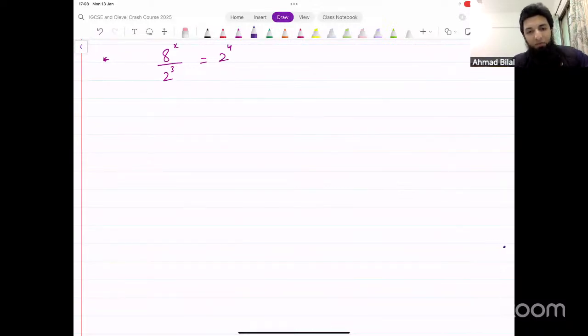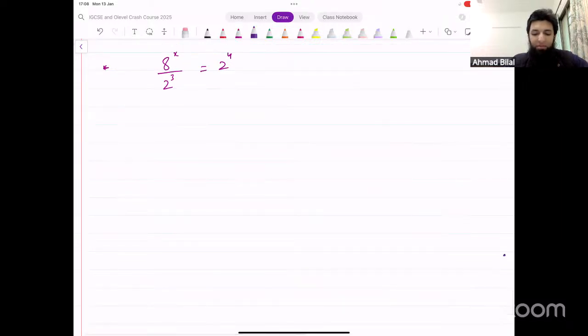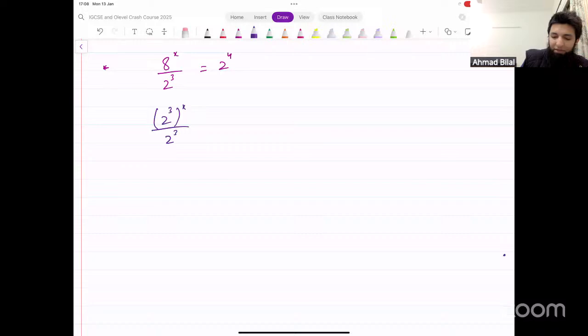At least one of those things has to be true for us to be able to simplify this. Okay. Now, how can you make it the same base for all the numbers? What's 8? 8 is basically 2 raised to power 3. So we can write this as 2 raised to power 3 whole power x divided by 2 raised to power 3 equals 2 power 4.